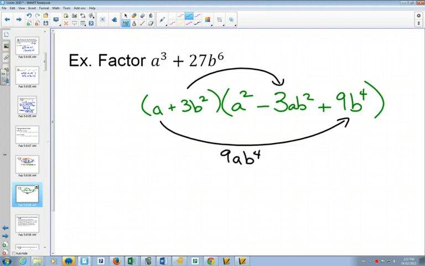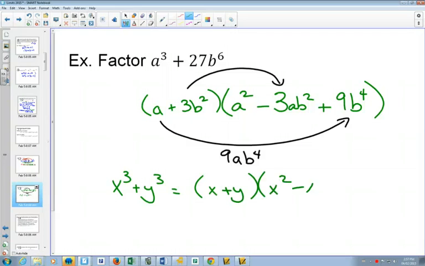Of course, you could just memorize the formula and then say, in this case, my x is a, my y is 3b squared. And the formula says that x cubed plus y cubed is this. Now, if my x is a, then I would get a.